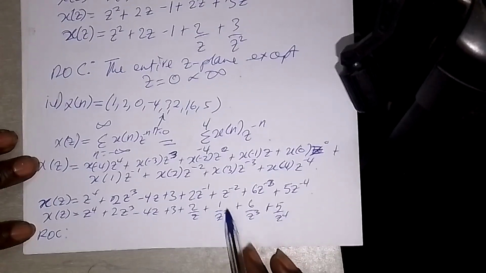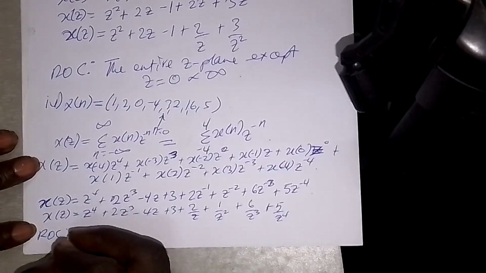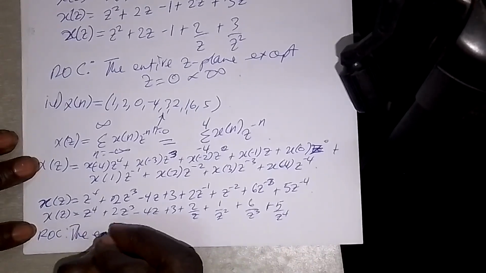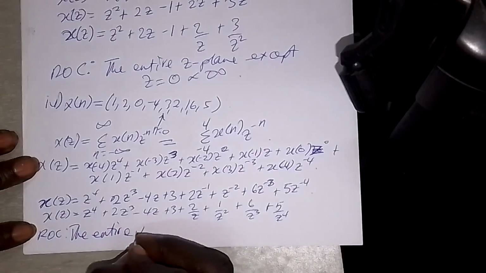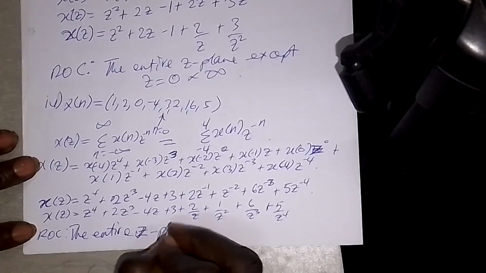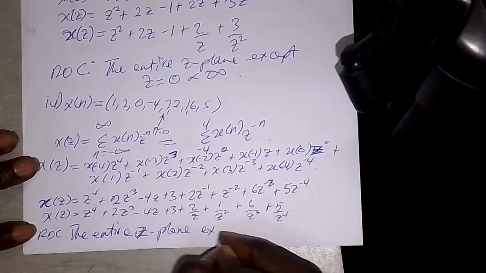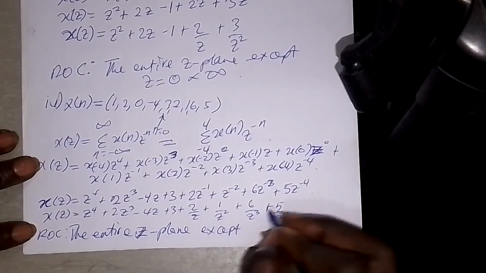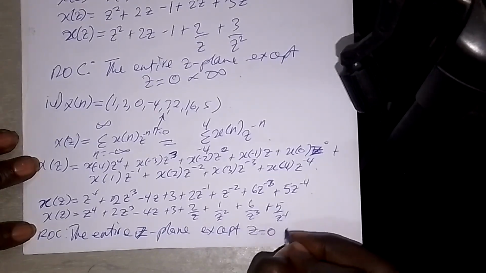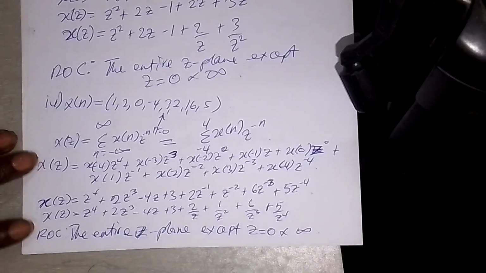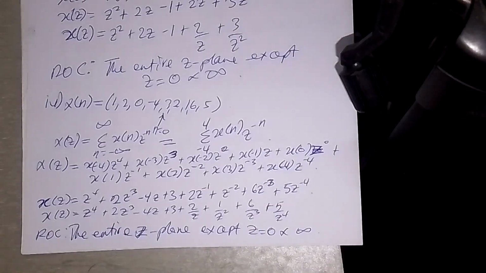If 1 over z squared, if z is 0, it will run to infinity. So the ROC is the entire z plane, except z equals 0 and infinity. So that will be the end of question 4 also. So let's just go to the next one.